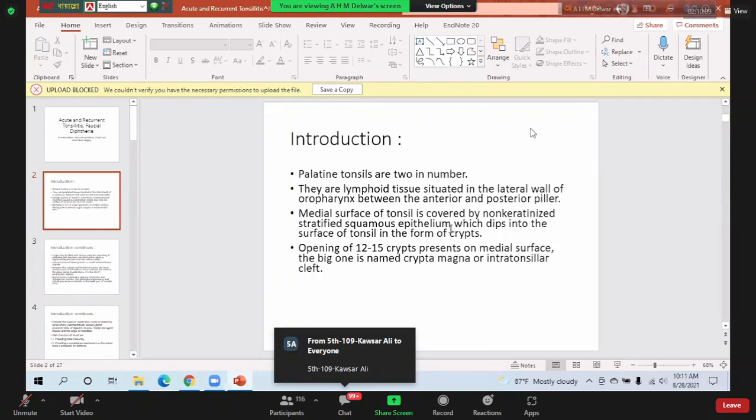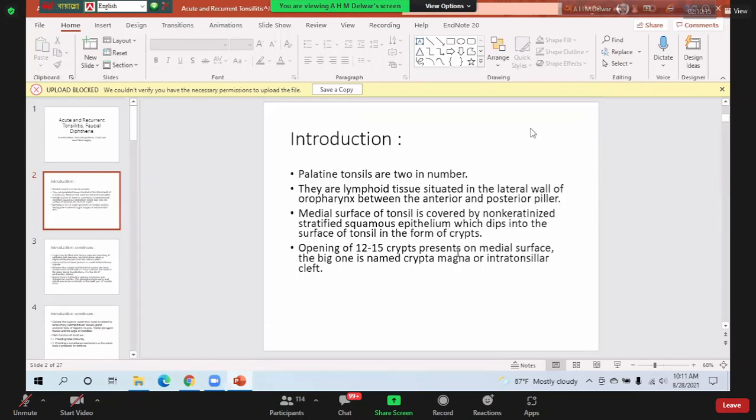The medial surface of the tonsil is covered by non-keratinized stratified squamous epithelium, which dips into the surface of the tonsil in the form of crypts. Openings of crypts are 12 to 15 in number, present on the medial surface. The big one is named crypta magna or intertonsillar cleft.